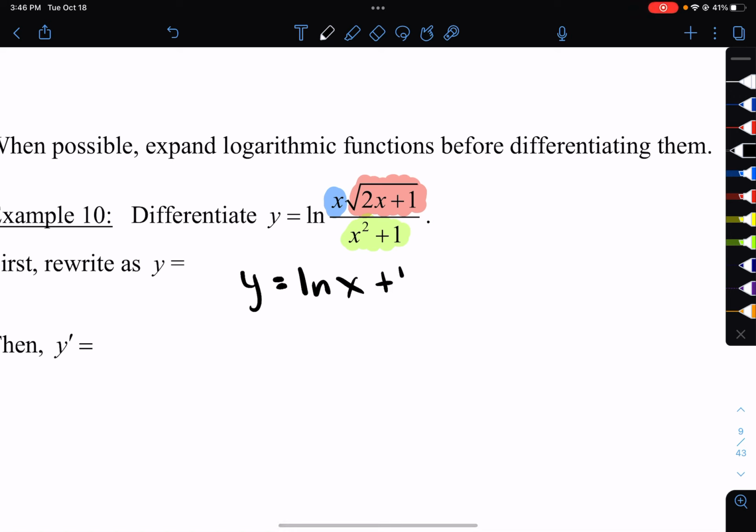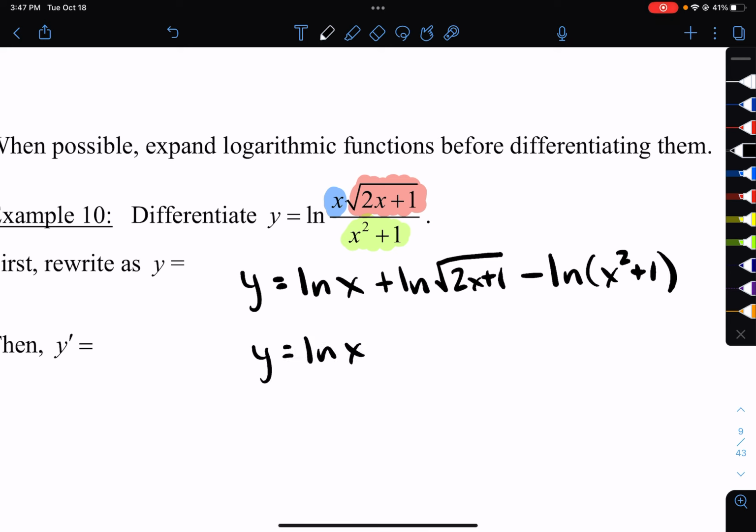And I can add the natural log of the red part. Because they're being multiplied together, I can add them together with natural logs. And because they're being divided by x squared plus 1, I can change that to minus the natural log of x squared plus 1. So I can rewrite this ugly product quotient multiple chain rule into a couple of different functions just being added and subtracted together, which makes them a lot easier to deal with. We can clean this up a little bit more.